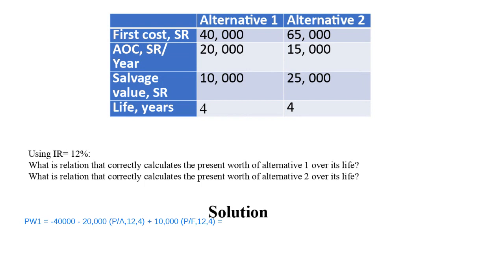For the present worth for 2, it will be the same thing, nothing different, because they are equal in terms of the life years. The only things that differ are the values of the present, the annual, and the salvage. 65,000 minus the 15,000, P given A, 4 years, plus the 25,000.